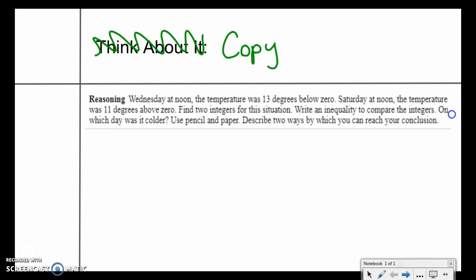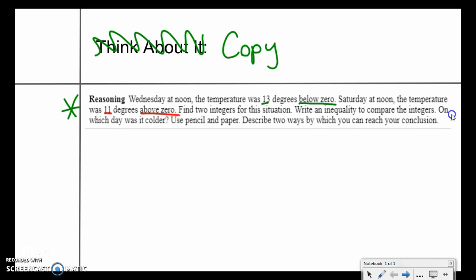So I want you to use pencil and paper to describe two ways by which you can reach your conclusion. You don't have to describe two ways, but I do want you to copy down the reasoning, the whole situation. And I want you to write a number line. So we have 13 degrees below 0, and we have 11 degrees above 0.